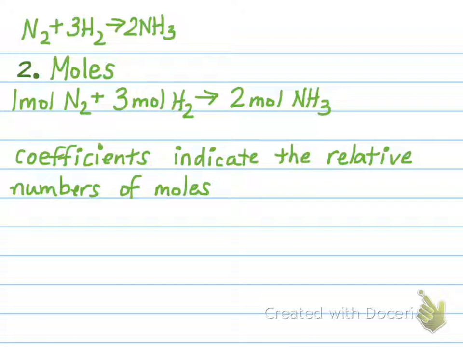So we just use the coefficients that we have. That's the second piece of information we can get from our balanced chemical equation.